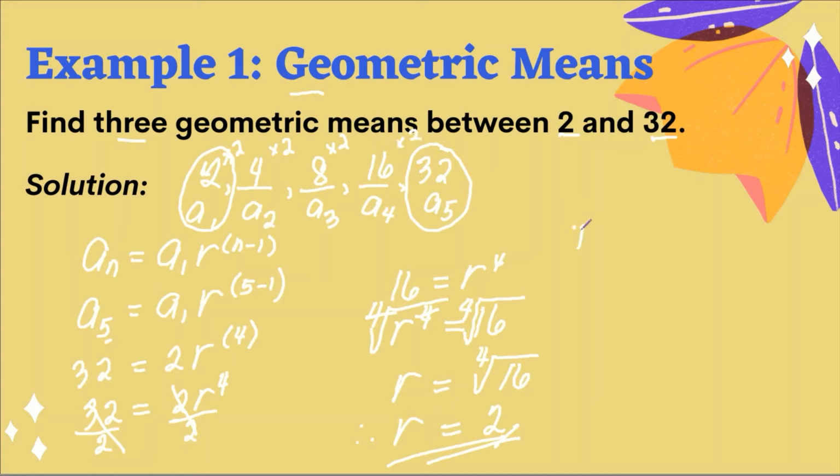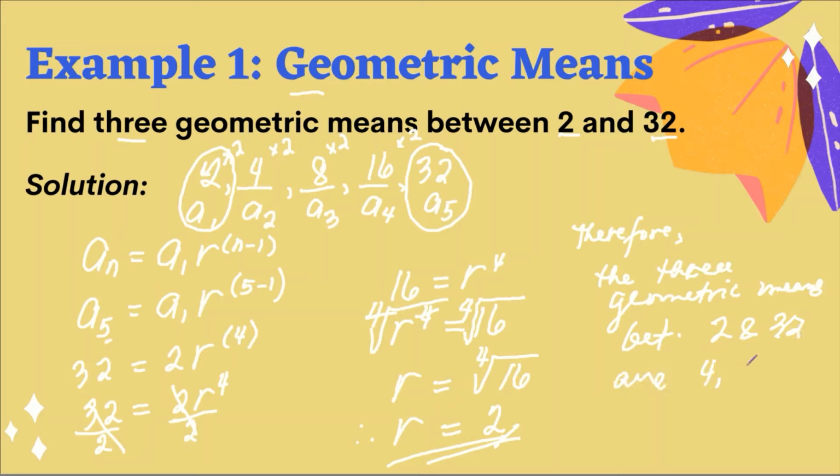So therefore, the 3 geometric means between 2 and 32 are 4, 8, and 16.